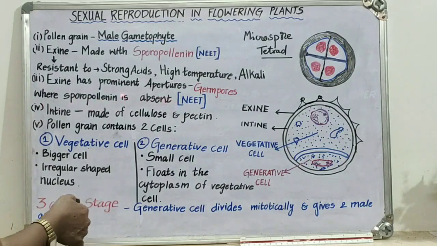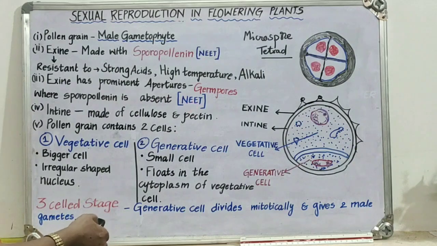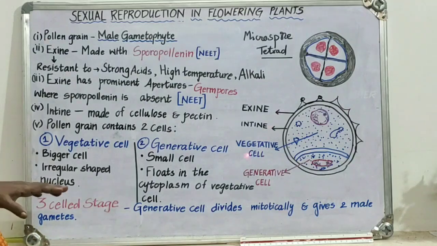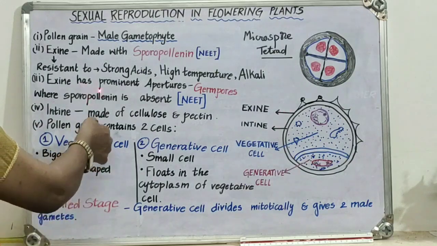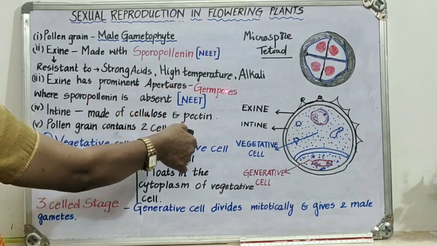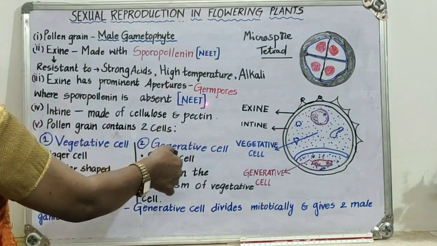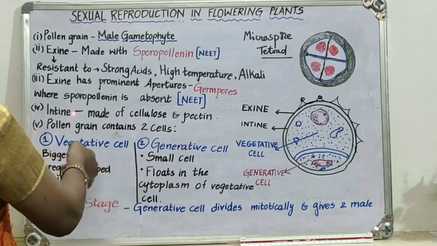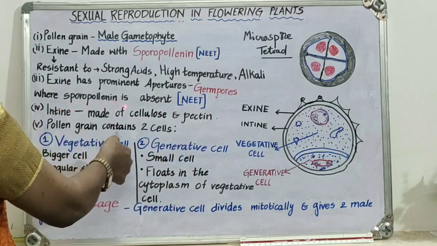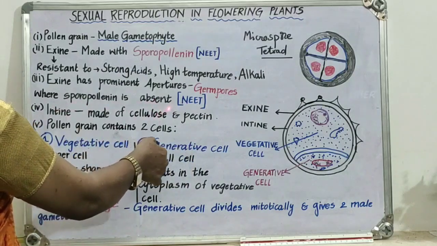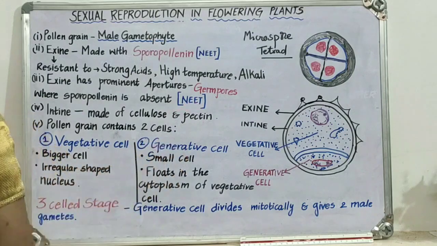This is most important for NEET. The exine comprises many prominent apertures. They are called germ pores, meaning at the germ pore region sporopollenin is absent. This is very important for NEET exam.